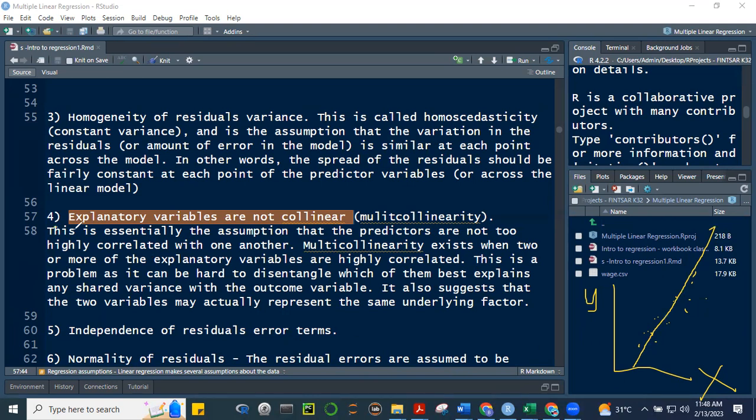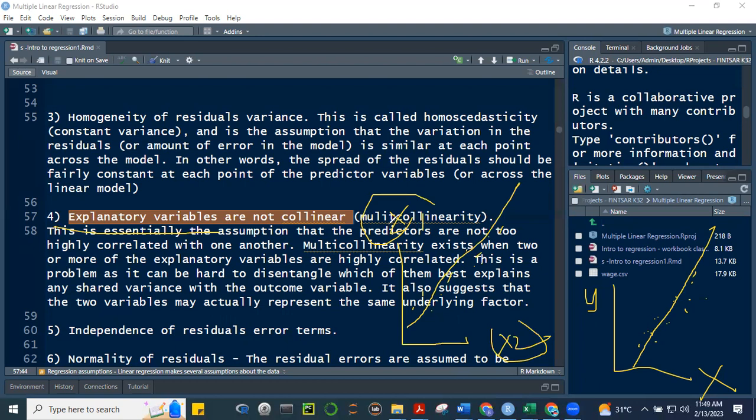However, we don't want the relationship between x1 and x2 to be a very strong linear relationship. Very strong linear relationship between x1 and x2 can happen. Why don't we want x1 and x2, the independent variables, to have a strong linear relationship?